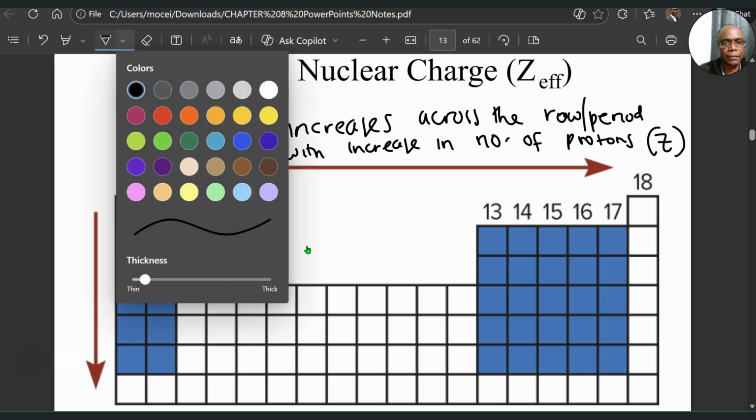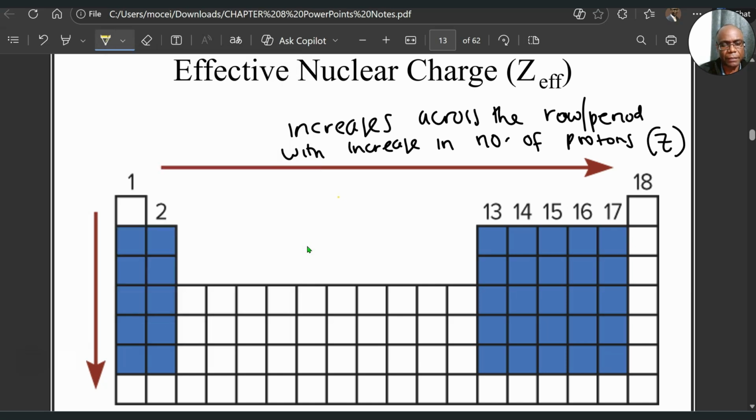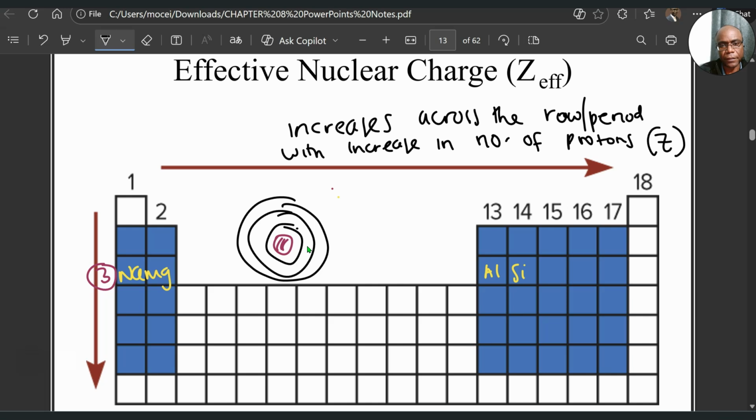And we just saw an example where you have sodium somewhere here. This is magnesium, and then aluminum is here, silicon is here. They are all in the same row. Which row? The third row. So all of them will have 3 energy shells because they're in the third row. n equals 1, n equals 2, n equals 3. That's what dictates the row, the period of the periodic table.